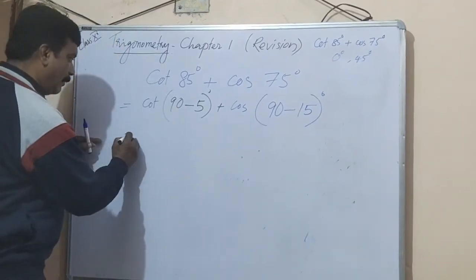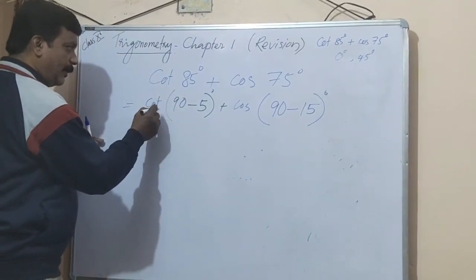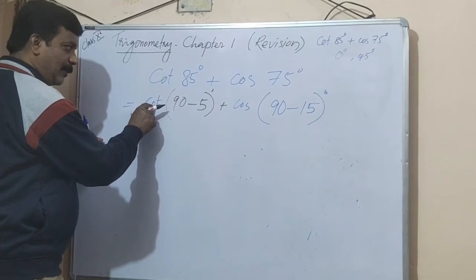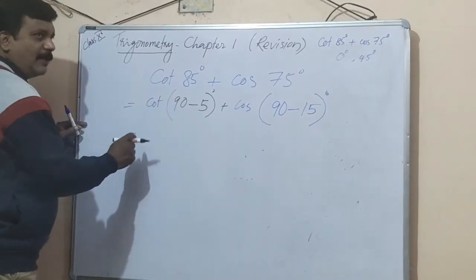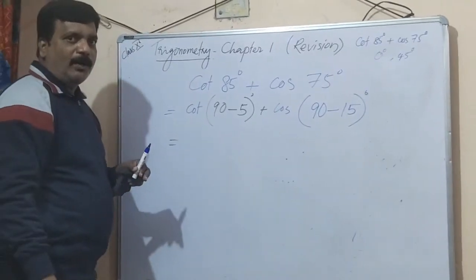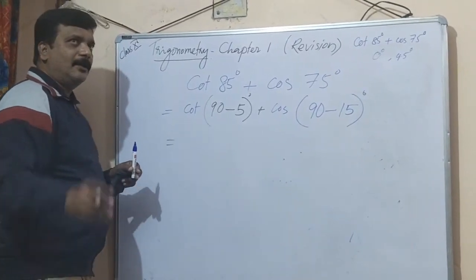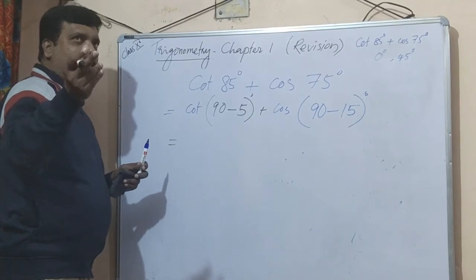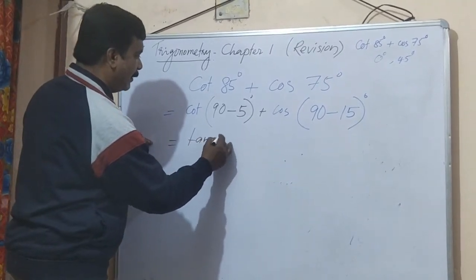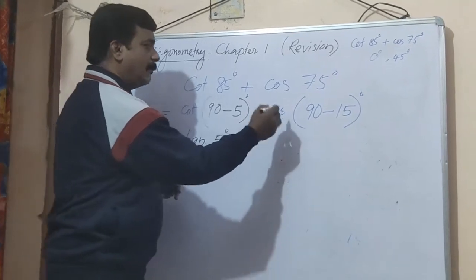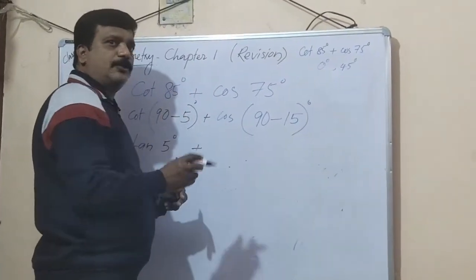Now, according to the formula you learned, what is cot of 90 minus 5? The cot of the complement is tan, so it is tan 5 degree. Now tell me, what is the complement of cos?